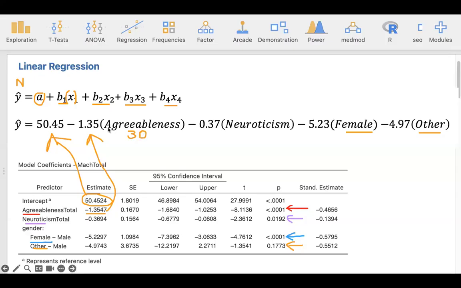I would multiply 1.35 times 30, and I would subtract that from this value here. And then if I had minus 0.37, this is from neuroticism. And then whatever value somebody had for neuroticism, I would multiply it here, and then I would just continue with this formula. Female, so if female minus this 5.23 right here, other minus this 4.97.